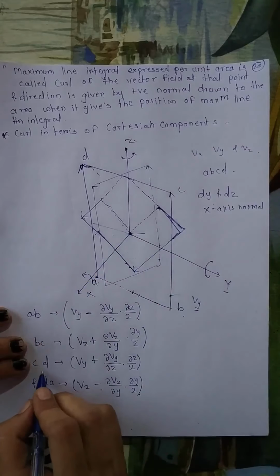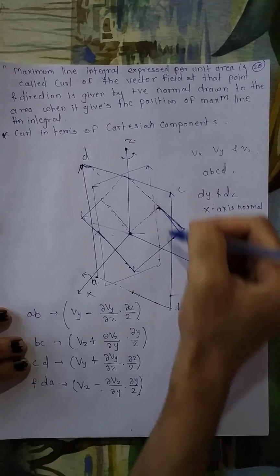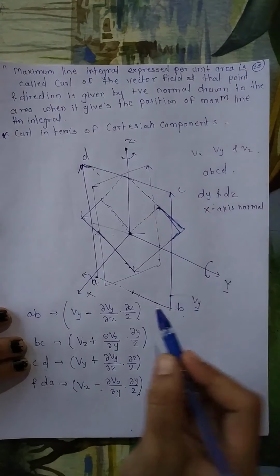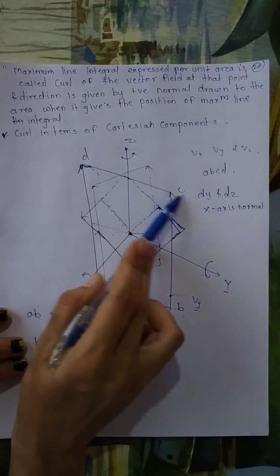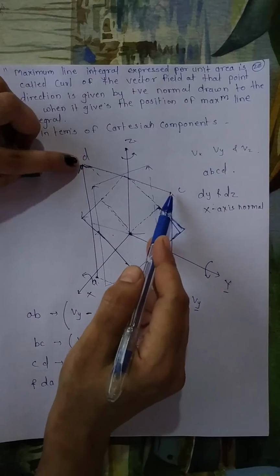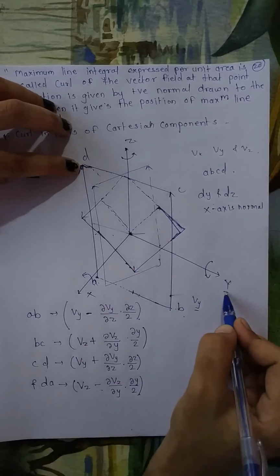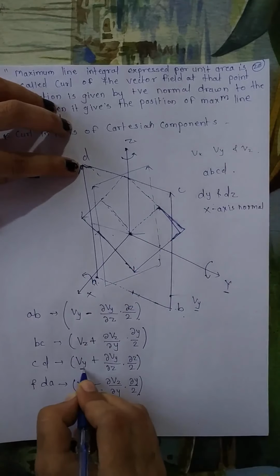Similarly for CD, if you observe line CD, the velocity component along CD will be along the y direction, that is the y axis, therefore here Vy.